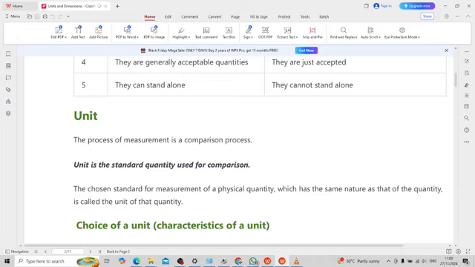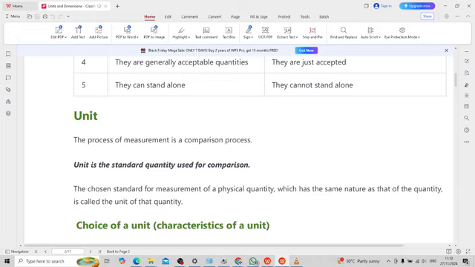So we can now say fundamental units are the units of fundamental quantities. That is, they are the units on which other physical units are measured or stand for. They are the standard. Then we have the derived quantity.